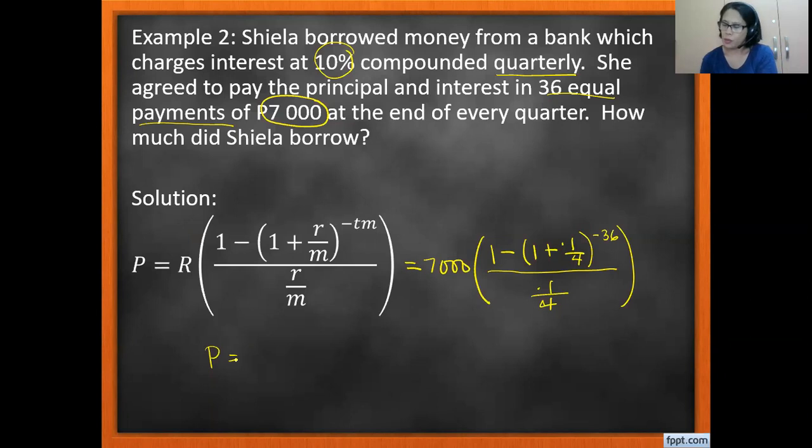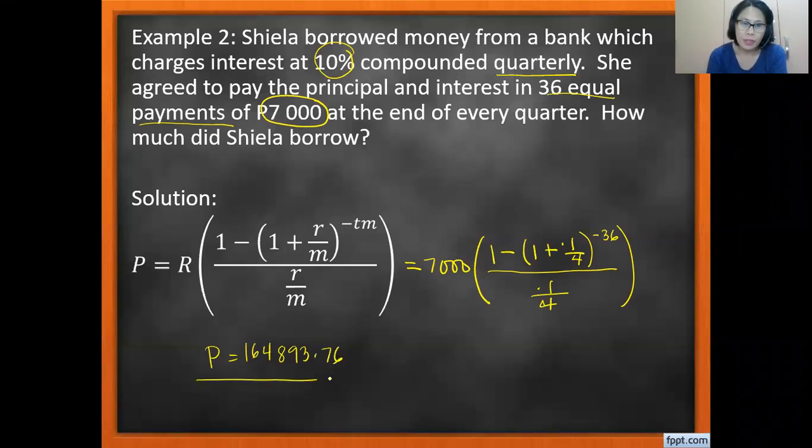So this is 164,893.76, rounded to two decimal places. This is the amount of money that Sheila has borrowed, and that's the present value.